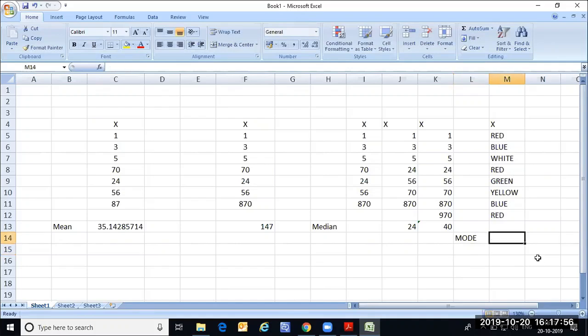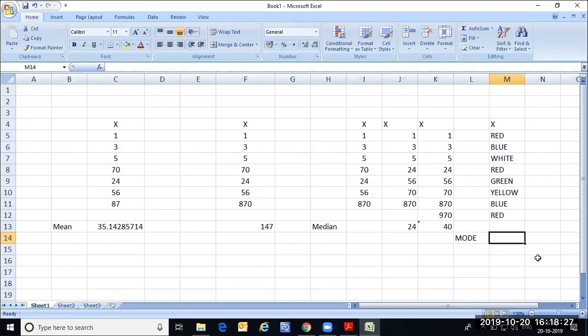But tell me, what is the mode of this data? How many modes do we have in this data? One mode. Most occurring value or the most repeated value.